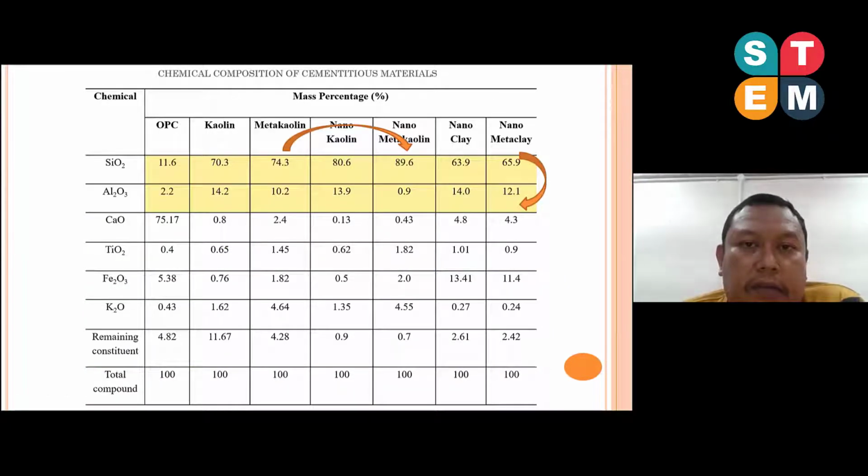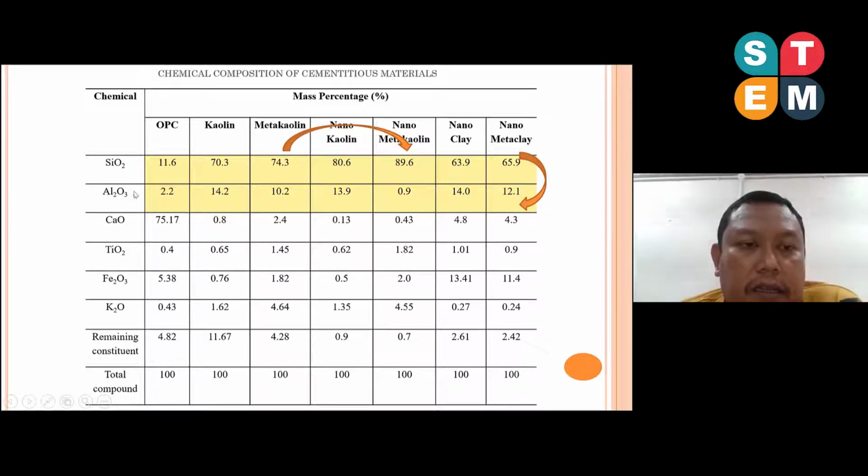Okay. Right. So these are the elementary analyses by using XRF to detect what kind of elements or minerals are in the structure of the cement, kaolin, metakaolin, nanokaolin, nanometakaolin, and also nanoclay. For cement practice, we focus more on SiO2 and Al2O3.